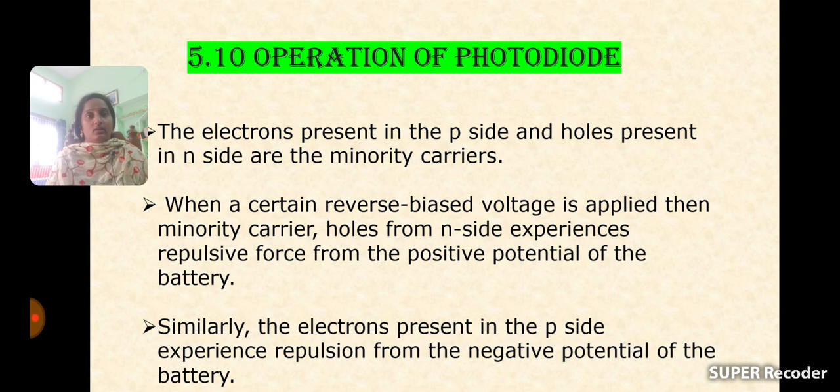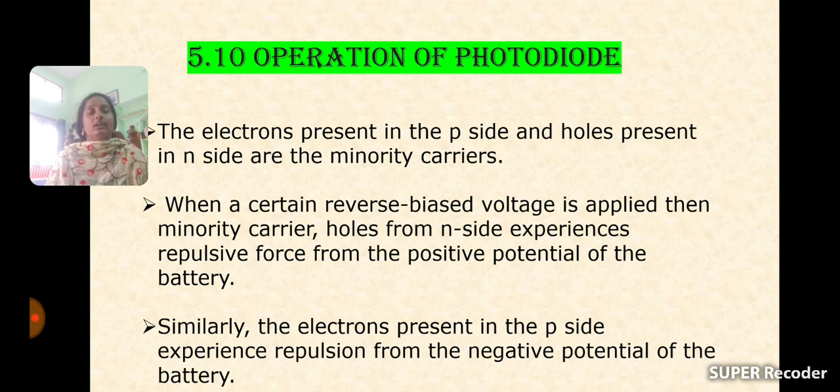Once see. The electrons present in the p side and holes present in the n side are the minority charge carriers. When a certain reverse bias voltage is applied, the minority carriers, holes from the n side, experience a repulsive force from the positive potential of the battery. Similarly, the electrons in the p side, which are minority carriers there, experience a repulsion force from the negative potential of the battery.